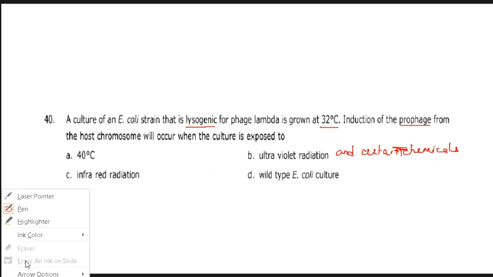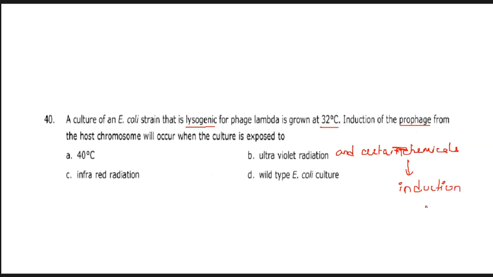This induction will help in the release of the virus, and the virus will be released as they undergo the lytic cycle after induction. So this is due to ultraviolet radiation.